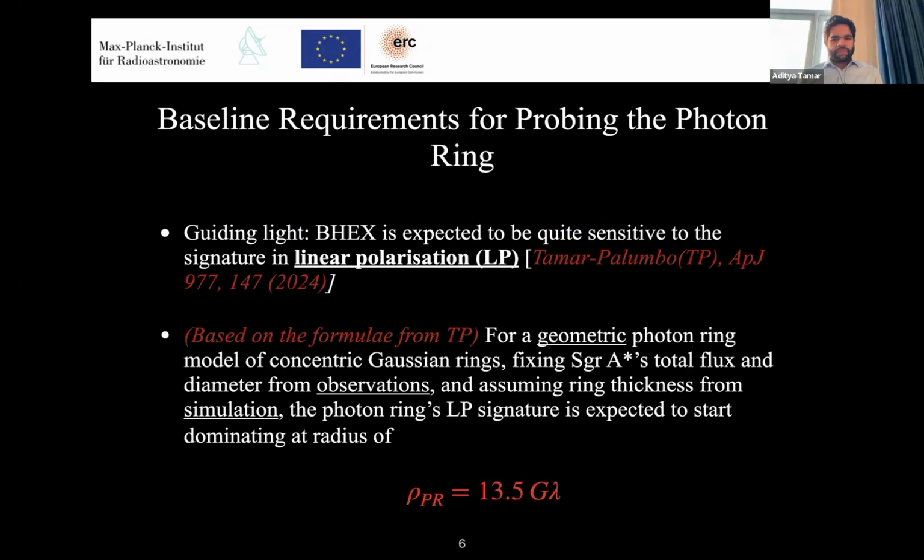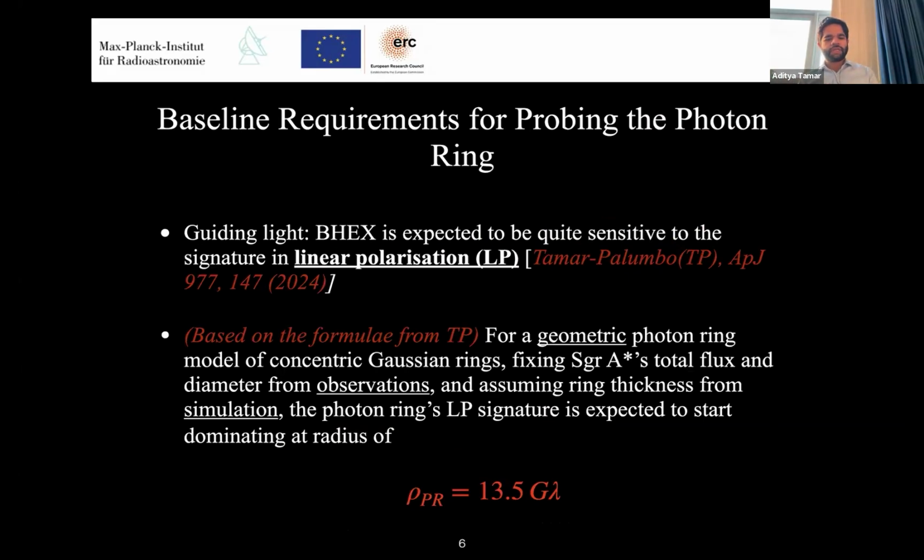But what are the baseline requirements to get the photon ring? So the guiding light for this was a calculation that we did with Daniel in a paper last year, in which we noted that BHEX is expected to be sensitive to the photon ring signature in linear polarization. Based on the formula, assume your geometric photon ring signal is made up of concentric Gaussian rings.